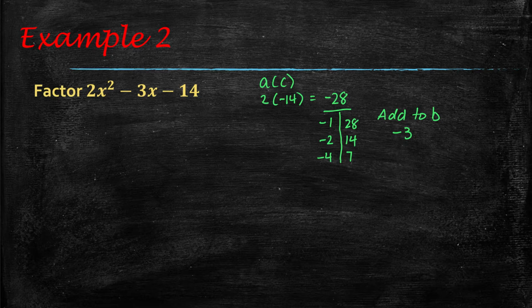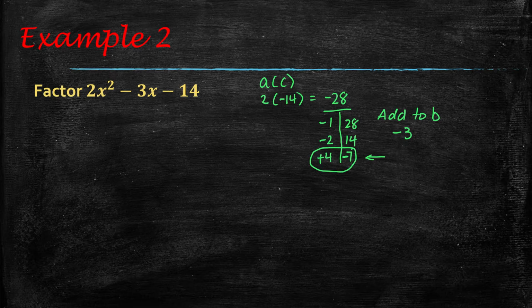So these are our factors. Now we're looking for the ones that add up to negative 3. Well, this one adds up to positive 3. If I switch the signs, they still multiply to give you negative 28, but now they add up to negative 3, which is what I need.